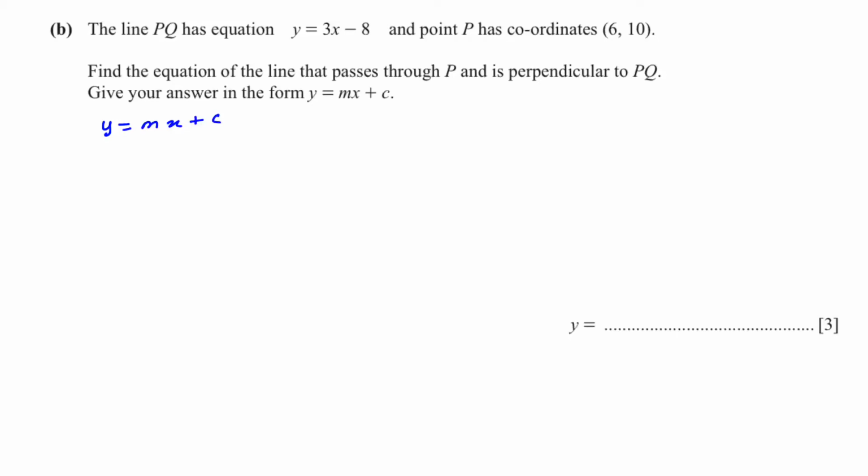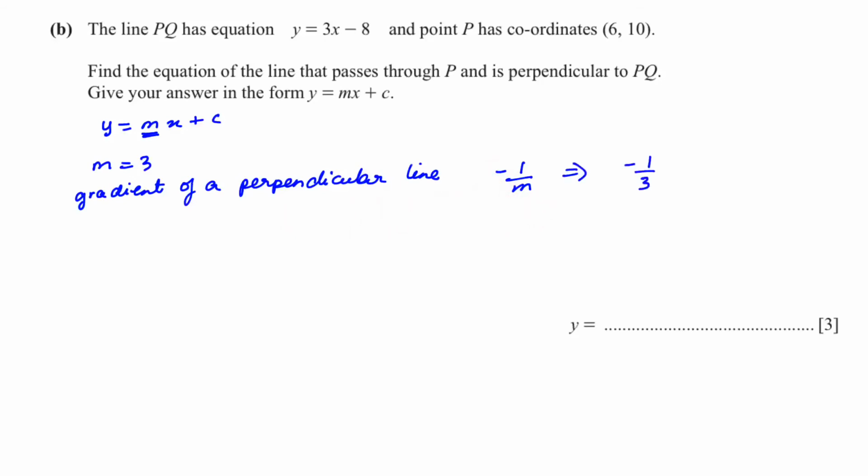M is your gradient here. So m is equal to 3. Gradient of a perpendicular line is negative 1 over m. So what we basically do is we take the gradient, we change the sign and flip it over. So the gradient of the perpendicular line will be negative 1 over 3.